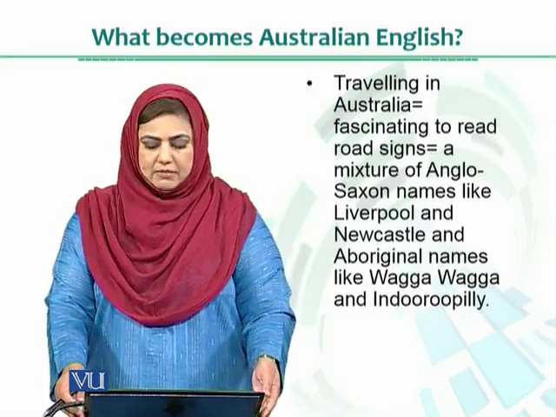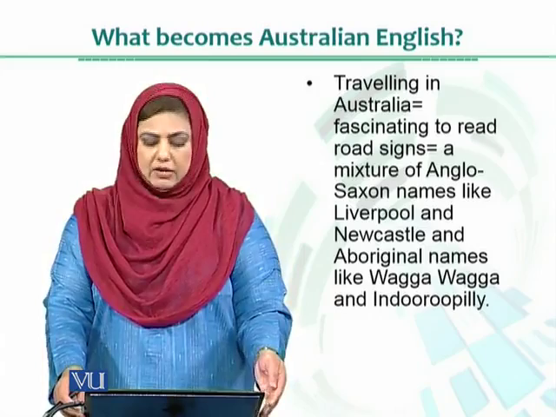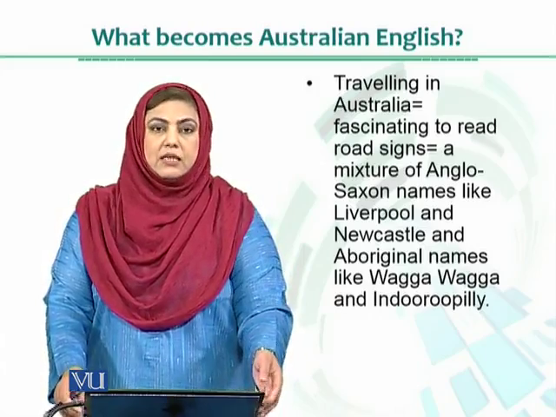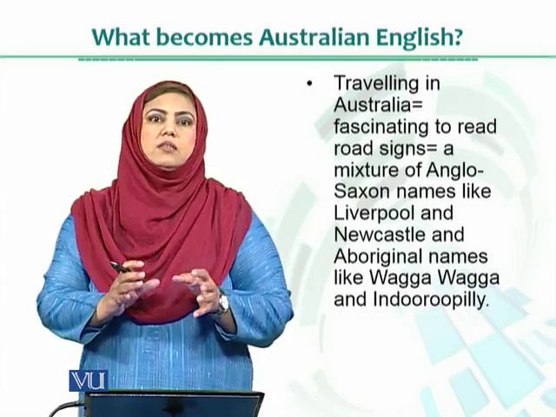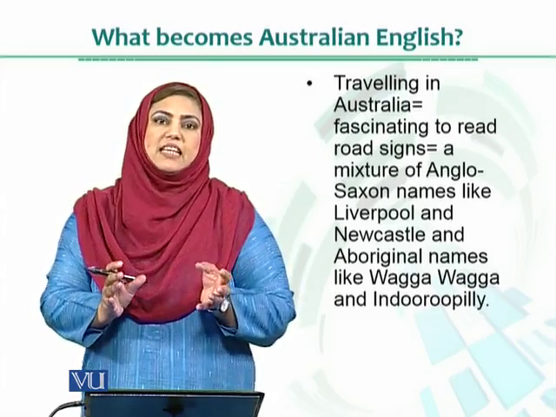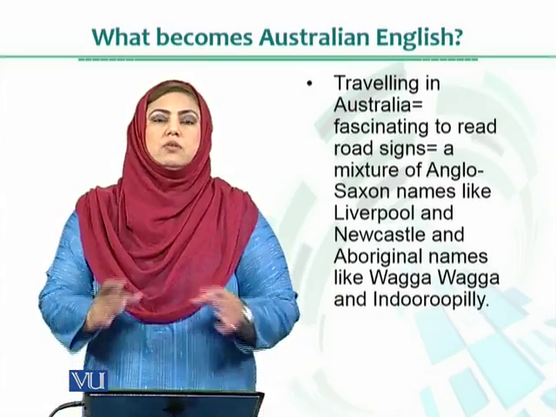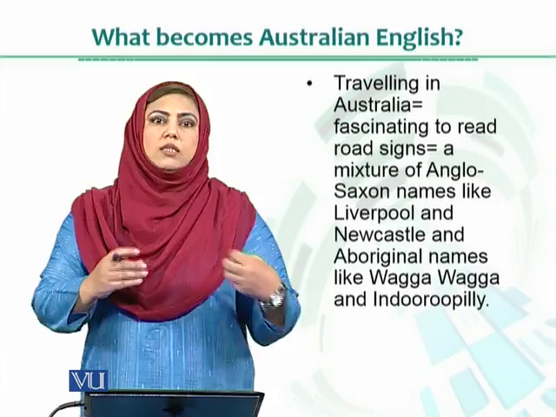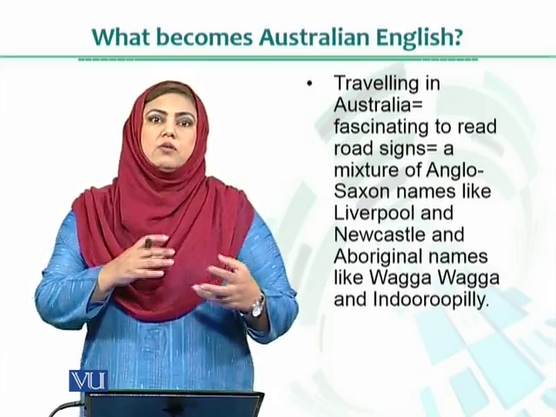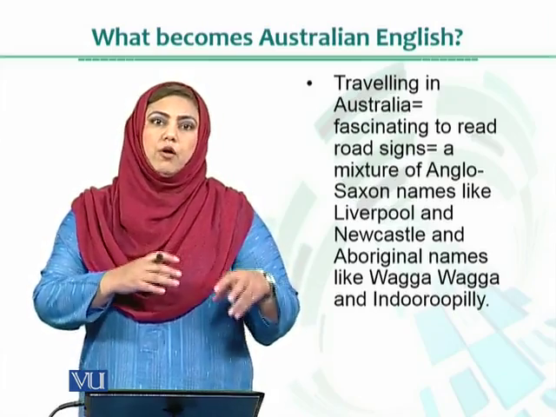But you would also find some Aboriginal names like Wagga Wagga or Indurupilli. So these are the kind of combinations that you would find as the names of roads, which gives us a historical perspective on the language, how both the languages belong to this area.